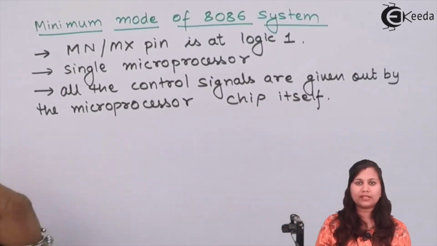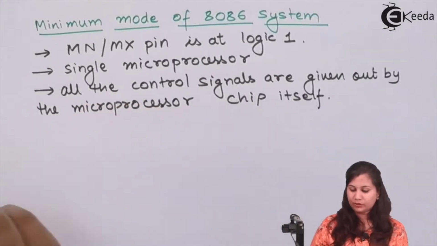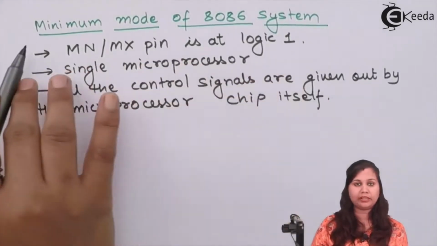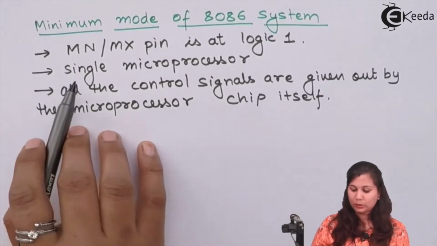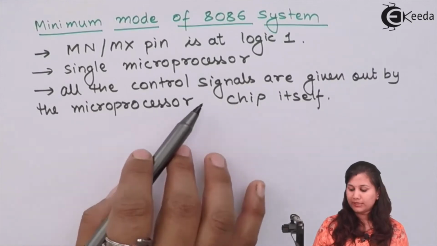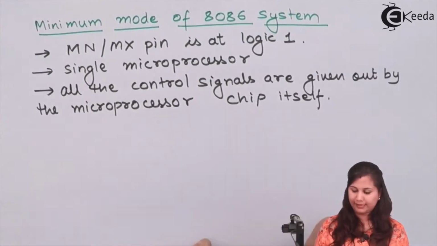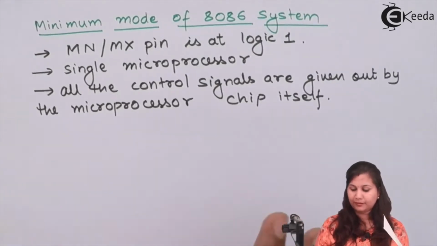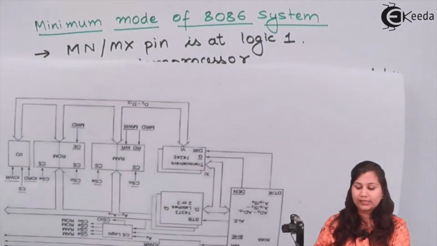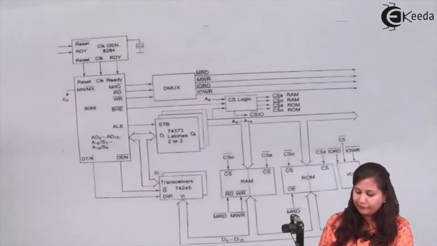So these features we have already studied about the minimum mode of 8086, that when this pin is at logic 1, then minimum mode is selected. There is only a single microprocessor in this mode, and all the control signals are given out by the microprocessor chip itself. Now if we see the diagram for this minimum mode, then this is the diagram for it.